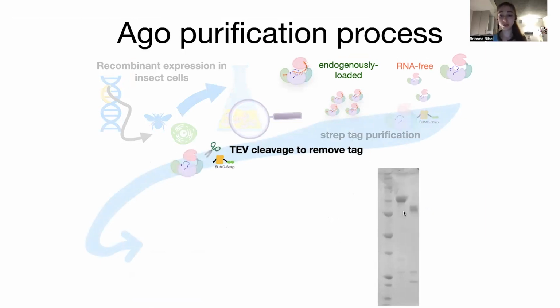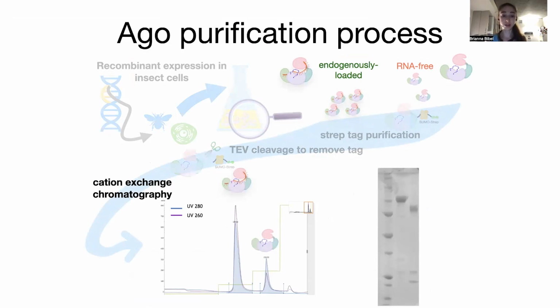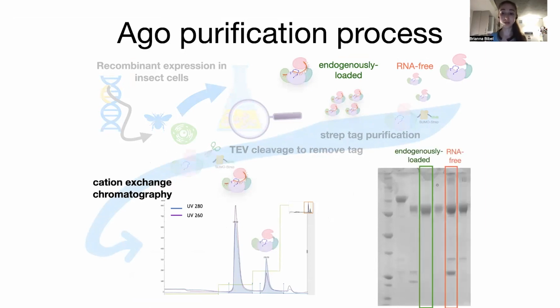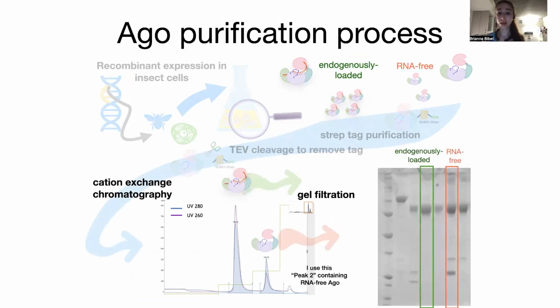If I do tag cleavage, you can see that the product moves down, and you see the addition of additional products, as we have a band for the tag that we added, as well as a band for the cleavage product. I can then use cation exchange chromatography, separating molecules based on their charge, followed by gel filtration, so followed by size exclusion. Gel filtration is another term we use for it. And now you can see that I'm removing these other products, leaving me with a more pure protein.